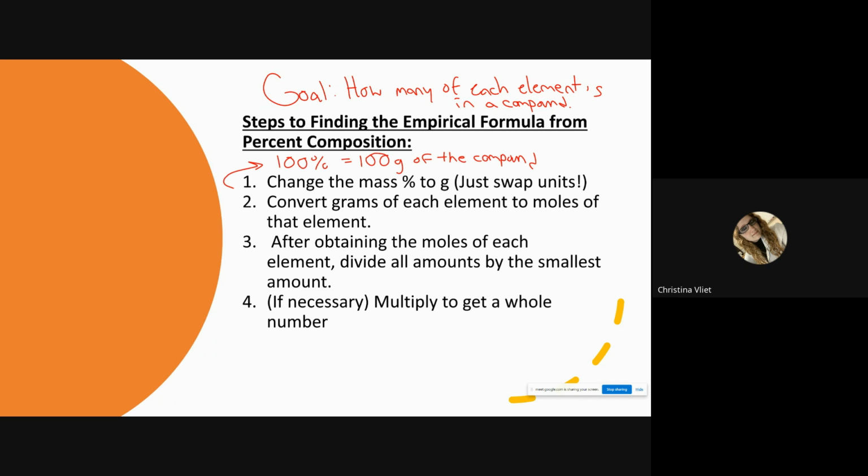And then the next step, once you've done that, is to take the grams of each element from step 1. Grams is a mass, right? Does mass tell you amount of objects? If I say I put X number of objects on a scale and it tells me a mass of those objects, can I figure out how many objects just from the mass?